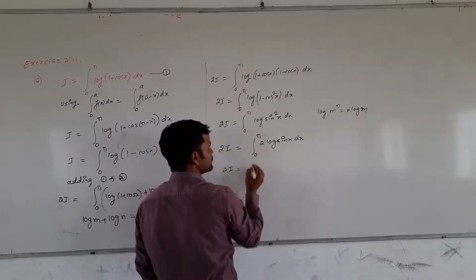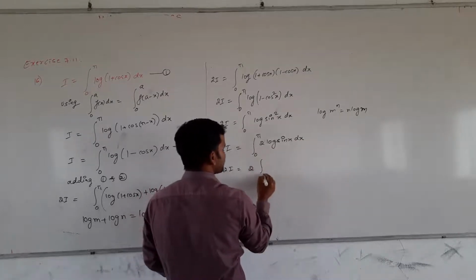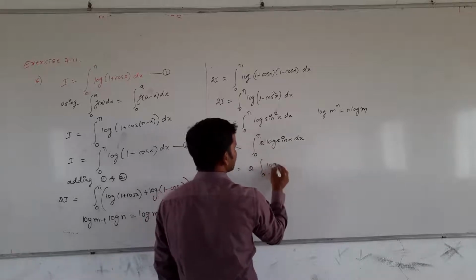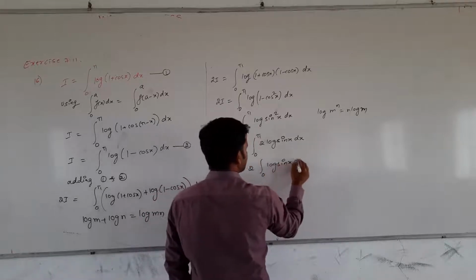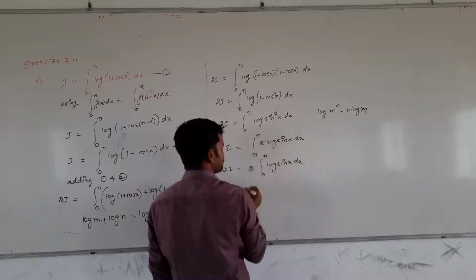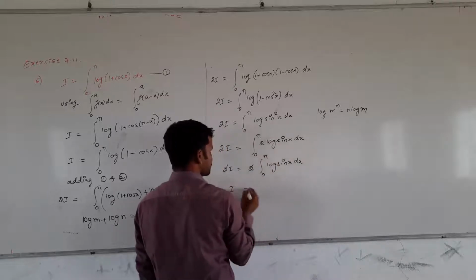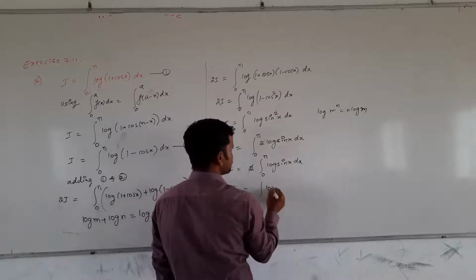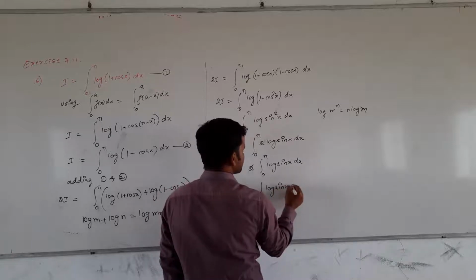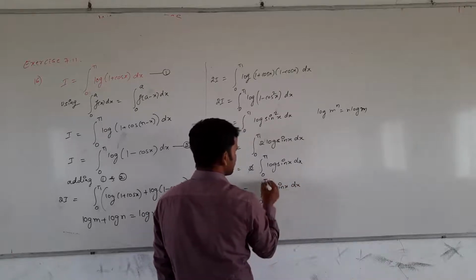2I is equal to, 2 is a constant multiple. We can write 2 into integration of log of sin x with respect to x from 0 to pi. 2 gets cancelled out. We have I is equal to log of sin x with respect to x from 0 to pi.